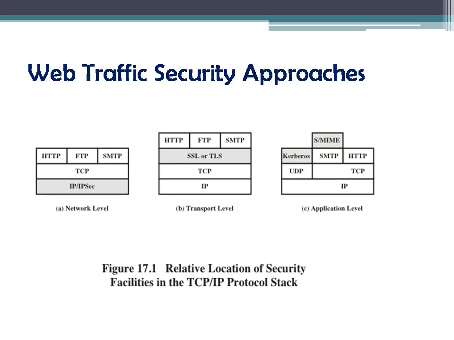Coming to figure B, the security is here provided at the transport level. And how is it provided? It is provided by making use of two protocols, namely SSL, which is Secure Sockets Layer, or TLS, which is Transport Layer Security protocol. Likewise, at the application layer, we have application level specific services such as S/MIME or Kerberos.